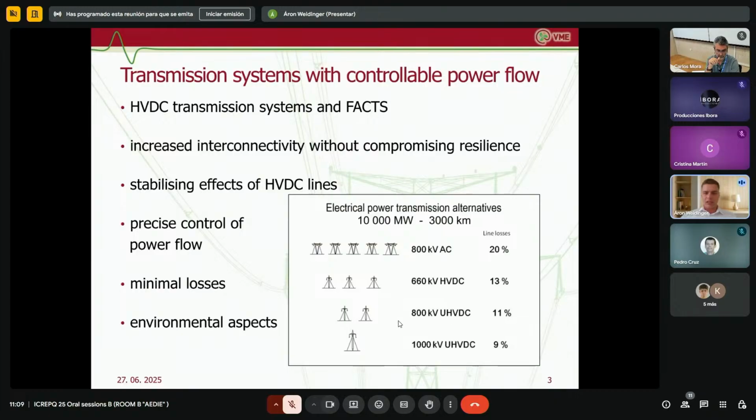They can control the direction and magnitude of power flow with high precision. They also allow asynchronous interconnection between regions if needed, and they can act as active stabilizing elements through these properties. Importantly, this control comes without compromising network connectivity. Unlike traditional AC lines, they also introduce lower transmission losses, as can be seen in the picture.